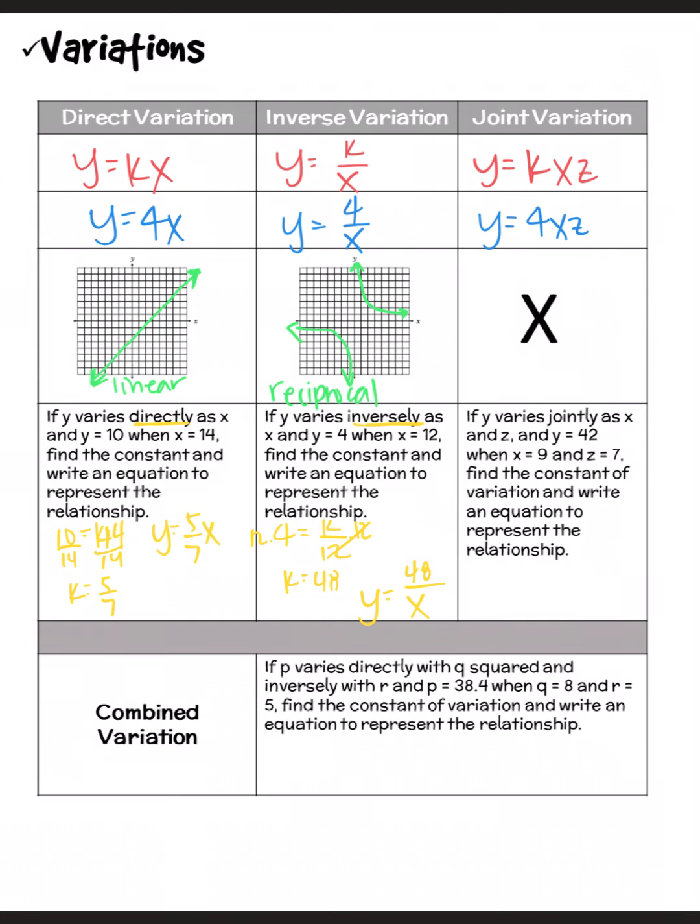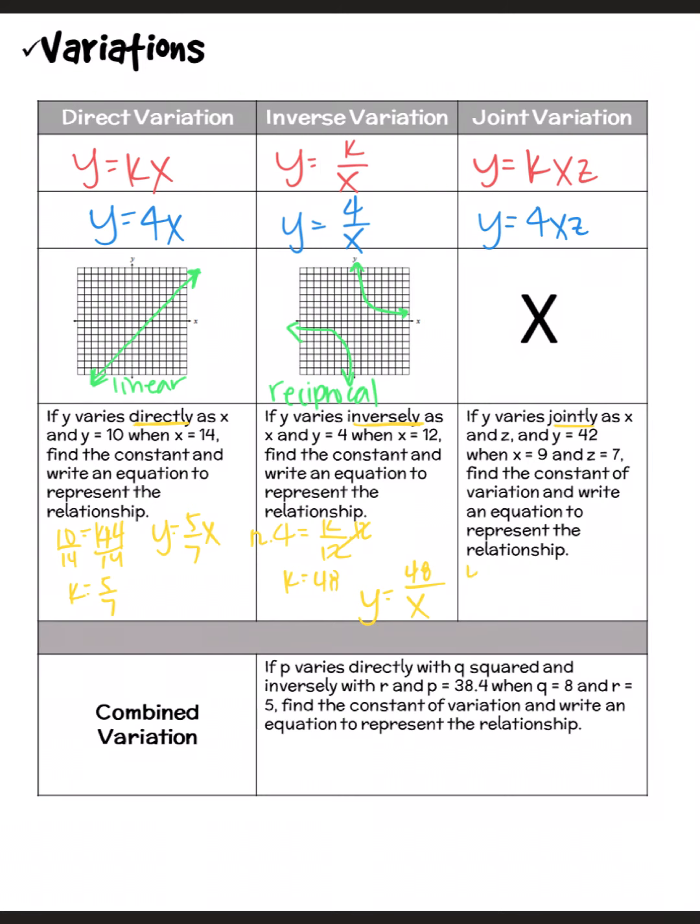Word problem, if y varies jointly as x and z. So not only are you going to be given the word jointly to know that this is the kind of variation, but you'll also see y, x, and z.